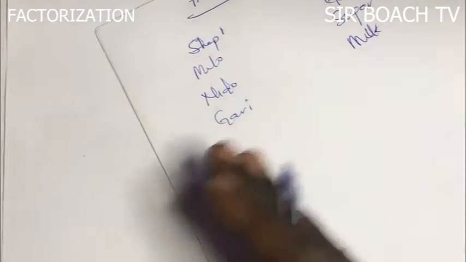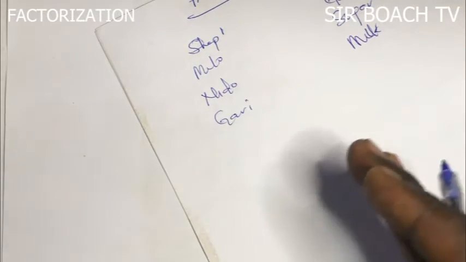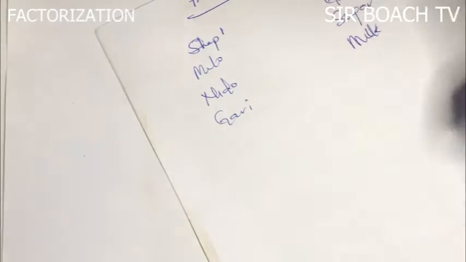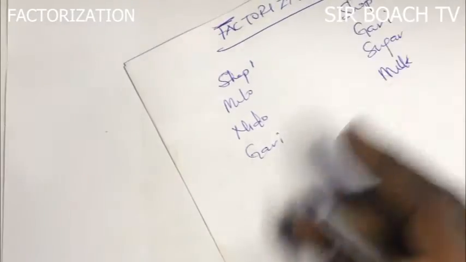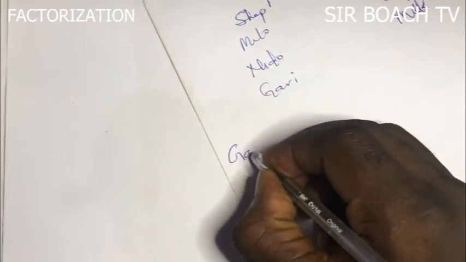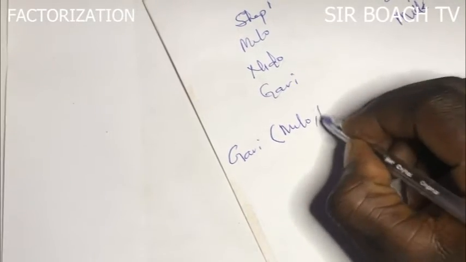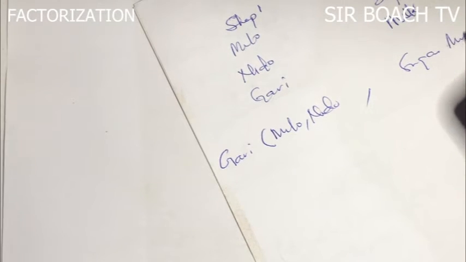Now, as far as these two shops are concerned, you can see clearly that there are some items sold in shop 1 and at the same time sold in shop 2, right? So they are common ones. You can see there's Gari here. If I bring the Gari that they both sell out, shop 1 is left with Milo and Nido, and shop 2 is left with sugar and milk.